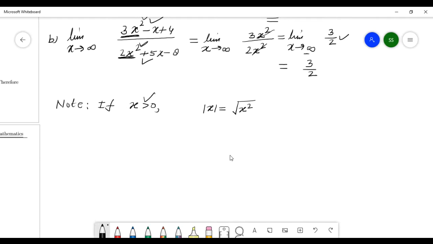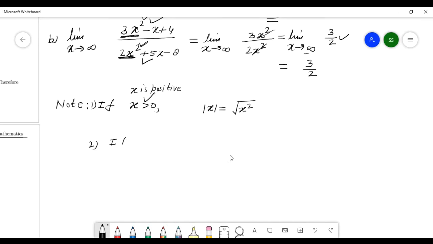Here x is positive, a positive number. Right? Okay. Now this is number 1, and this is number 2.